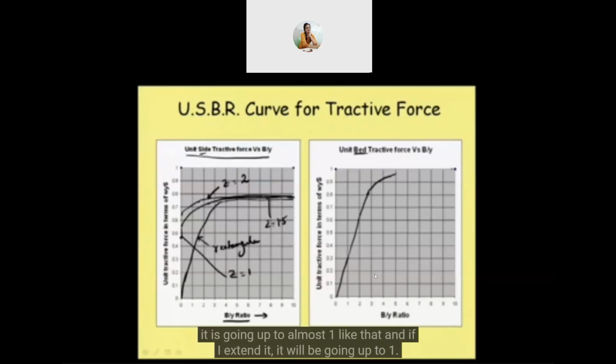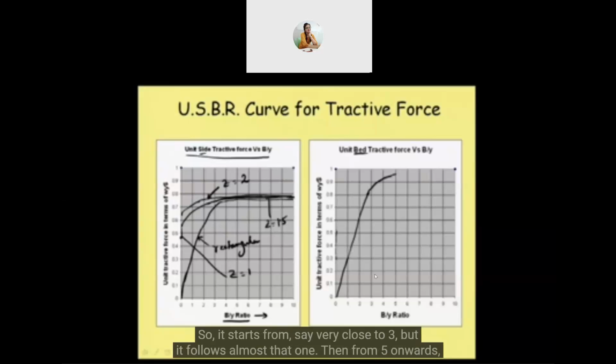Then for trapezoidal, it was interesting to observe that because it is bed, whether the side slope is more or less, it doesn't influence that much. But still, for z equal to 2 and 1.5, we are drawing for bed. So it starts very close to 3, but it follows almost that one.